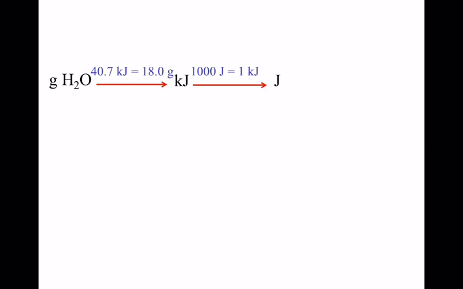In 1 kilojoule, there are 1,000 joules. And last, we're going to skip from metric to English, from joules to calories, with that relationship given in the problem. With regard to energy, 1 English calorie is exactly equal to 4.184 joules. So that is exact.